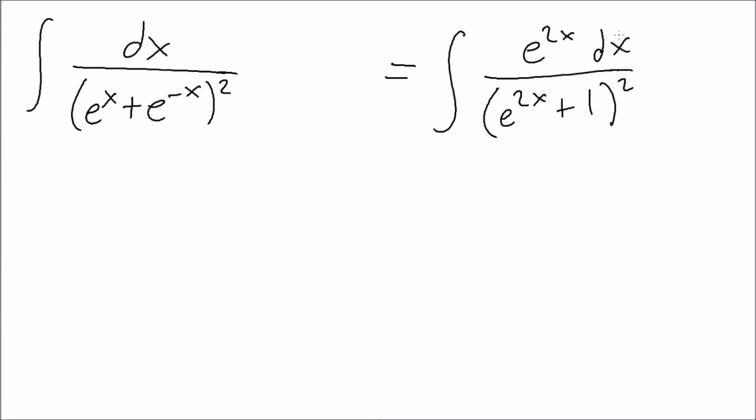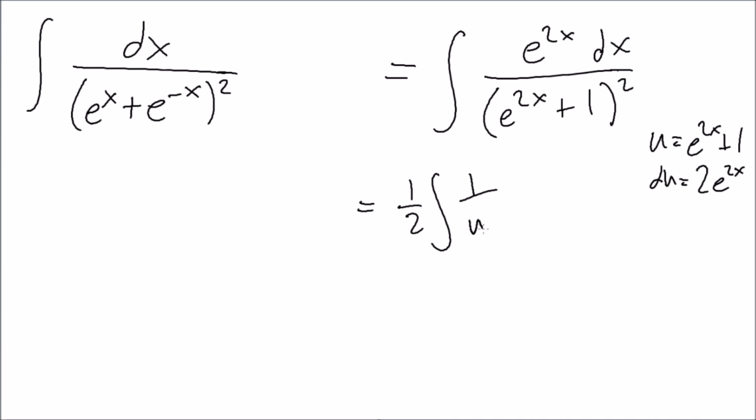Absorption. And so what that does is you can just do a u substitution. You can let u equal e to the 2x plus 1, right? And then don't forget that this is 2e to 2x, so you would have to do like a half times 1 over u square, and you get like 1 over, let's see, you get this plus c.